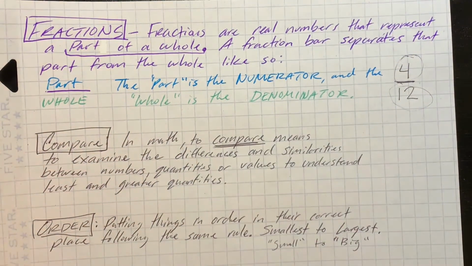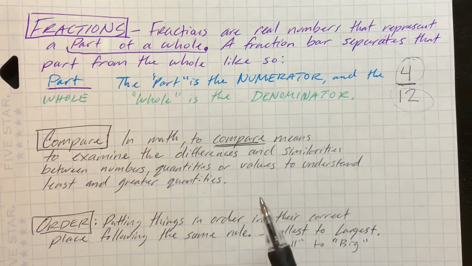All right. And now, when we talk about comparing in math, to compare means to examine the differences and similarities. Basically, when we compare numbers, how are they the same? How are they different? We're also looking at the size comparison.